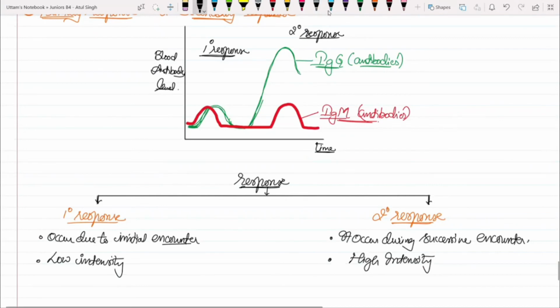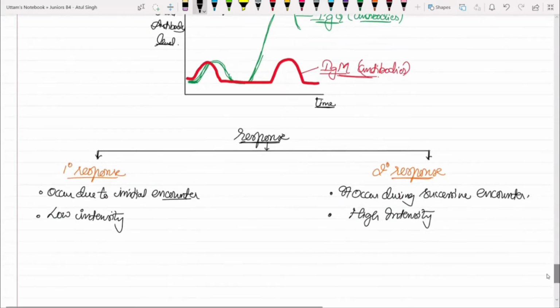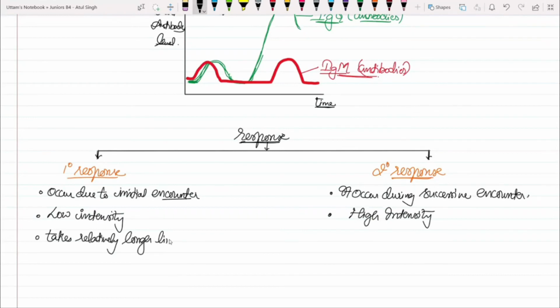And the primary response, the time required will be relatively longer. More time. And over here, it takes relatively less time.